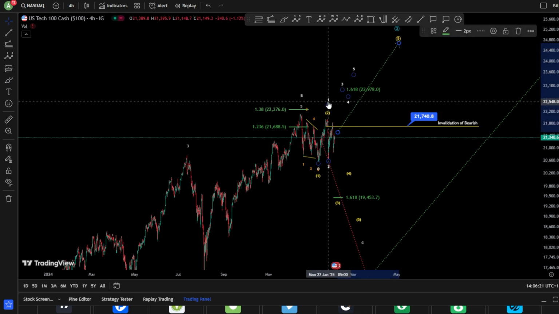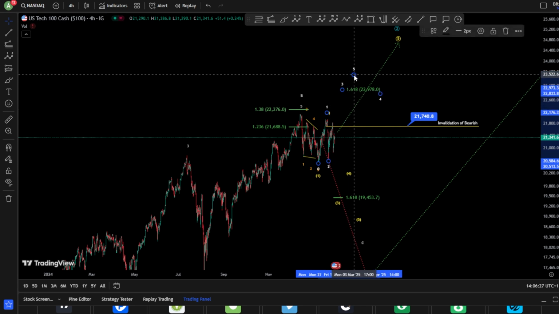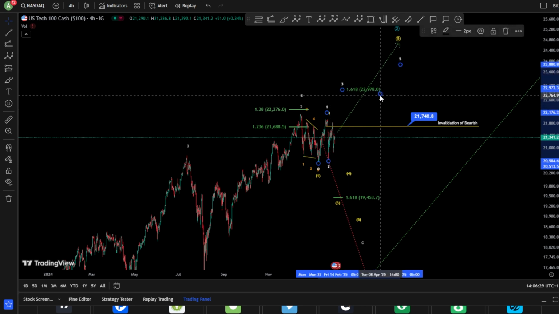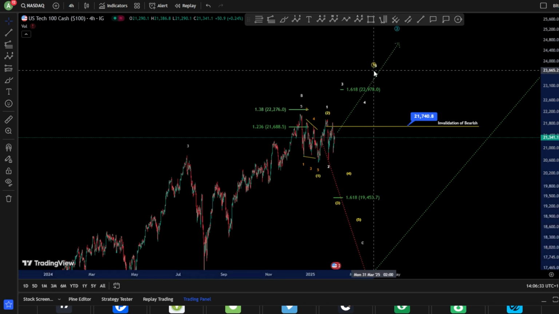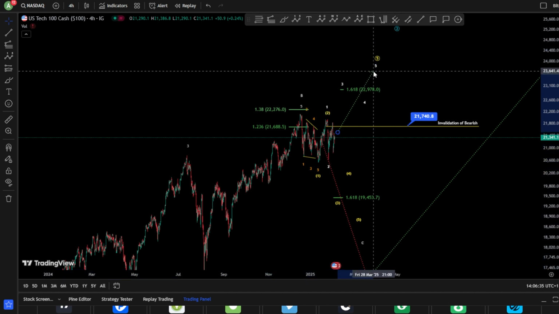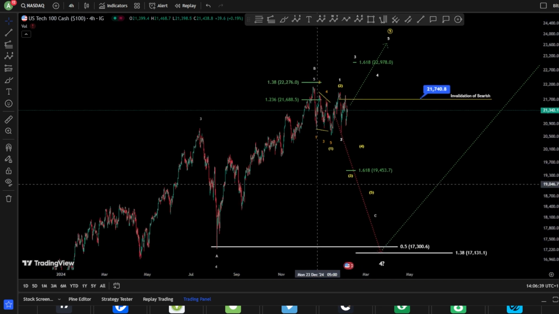And probably you're going to finish this in 1, and then 2 here, 3, 4, and a 5. Here we go. So possibly this is your wave 5 that can unfold like this, finishing a wave 3 in the blue count for NASDAQ.